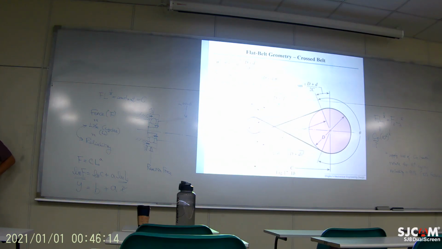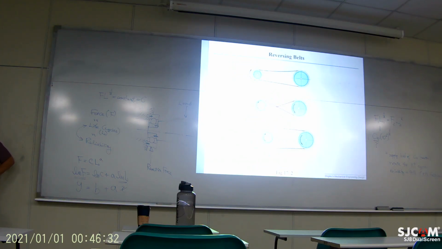Okay, and you can have different ways to install the belt. Then geometrically, the length of the belt would be calculated in a different way. It's just geometry, so I'm not going to cover how to compute them. You can even have a flat belt, and then you have a twist along the way, so you can change the orientation of the pulley.